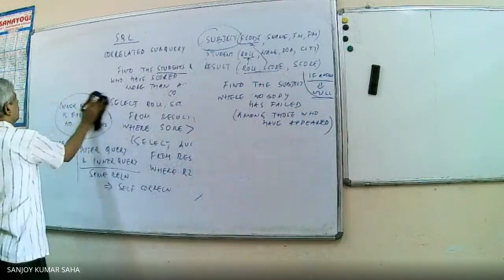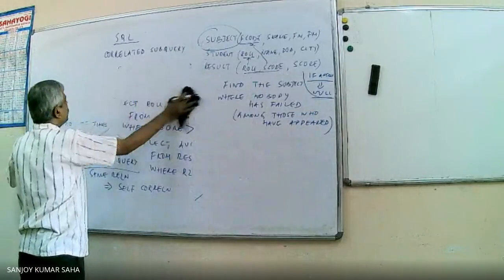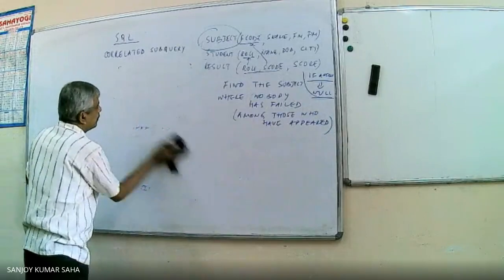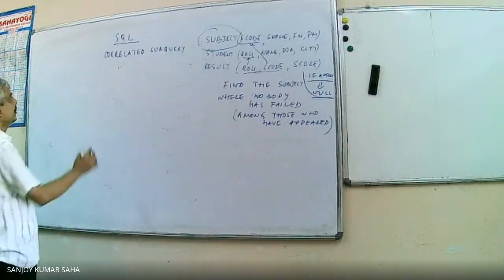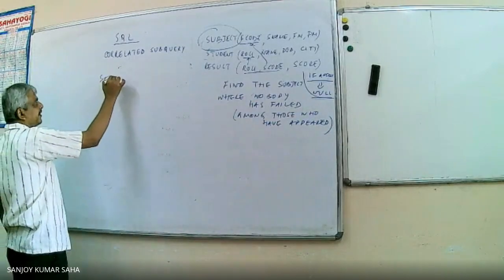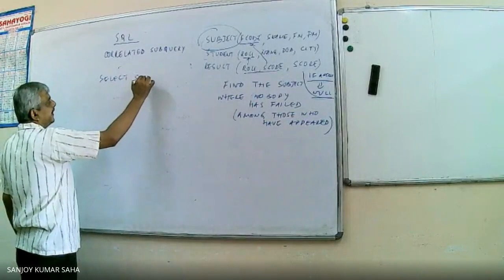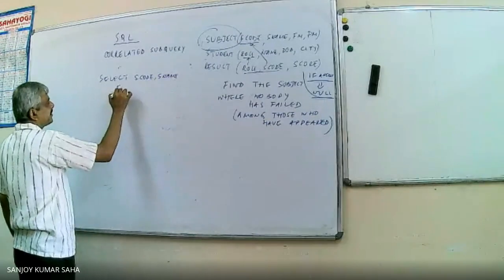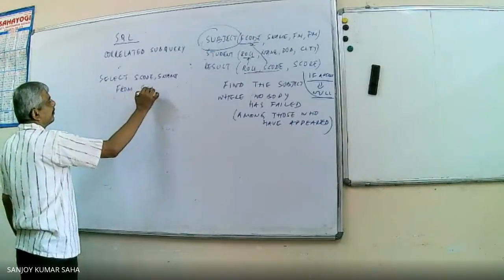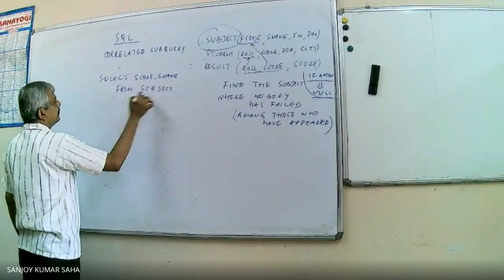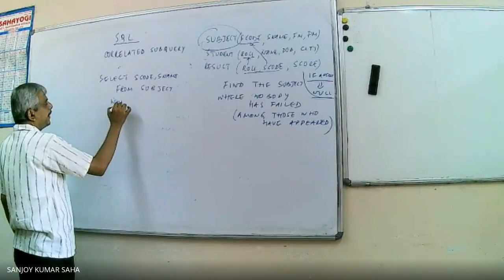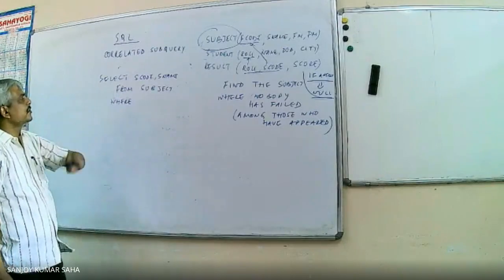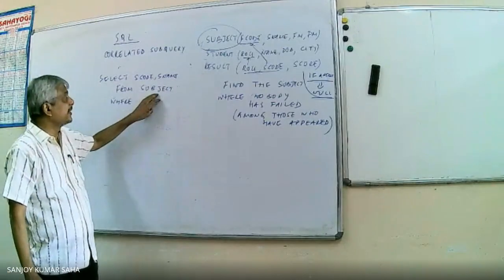So basically, we want to find the subject information. So we want to select, say, subject code from subject where, among the not null entries in the result for that particular subject.